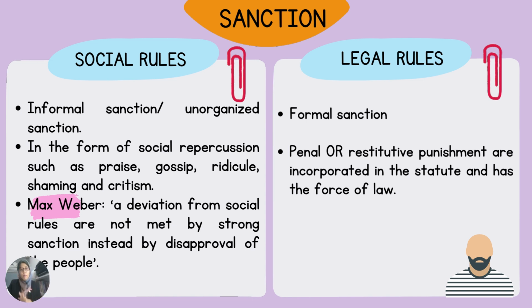It can be compared with the legal rules. The legal rule has a formal sanction, penal or restitutive punishments, because it is already incorporated in the statute and has the force of law, for example, imprisonment, whipping, fine or penalty. So that is actually the sanctions under the legal rule.